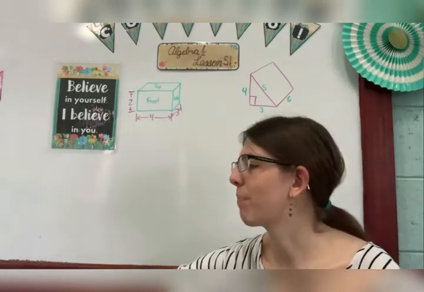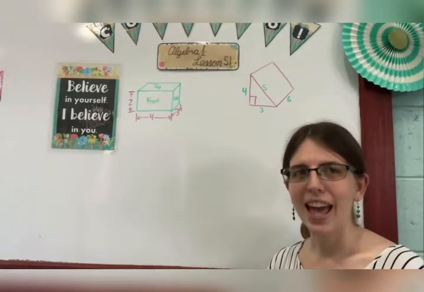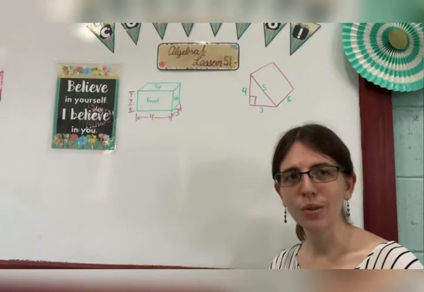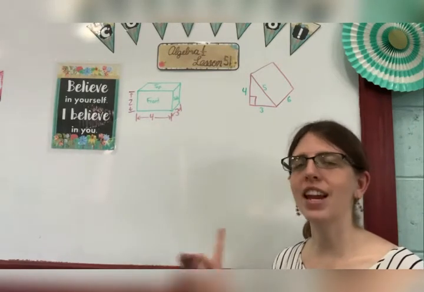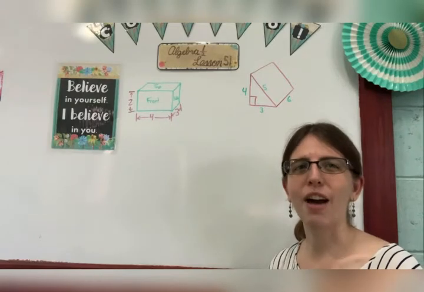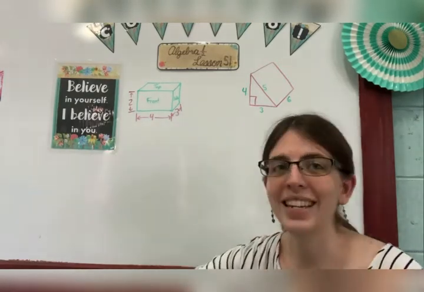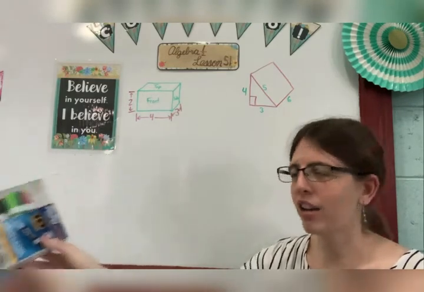Well, there's actually an easier way to do this. And it's a way that you'll need to use more often than being able to add it up like that, because sometimes you'll have strange shapes that don't have nice, neat sides like this box does.